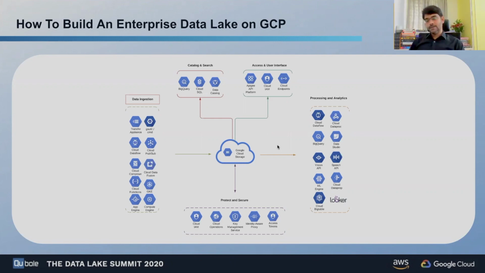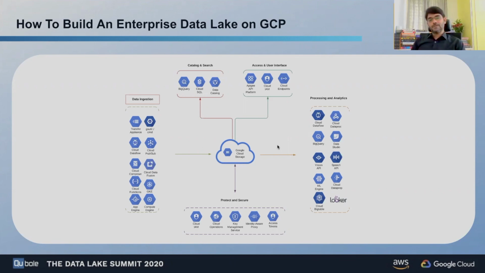These are essentially the characteristics of a data lake, right? If you recollect from the previous slide, we talked about the ability to ingest any kind of data, cataloging and making it available for our users with the right security, and also the ability to choose the right processing tool for your analytics use case.